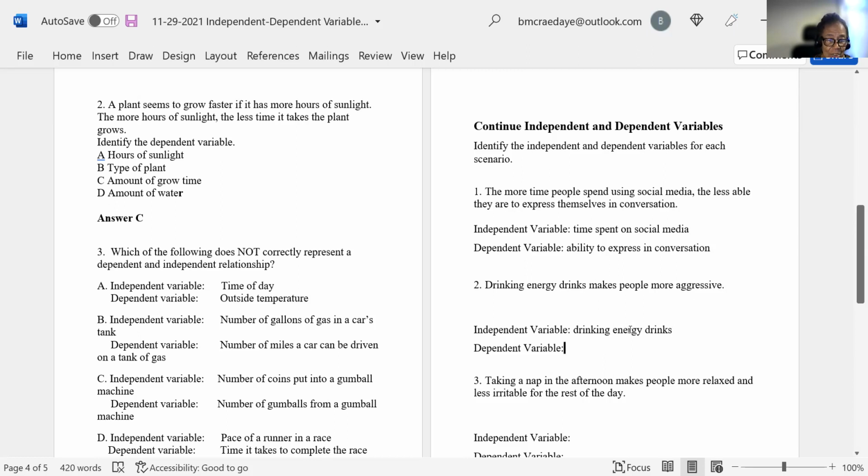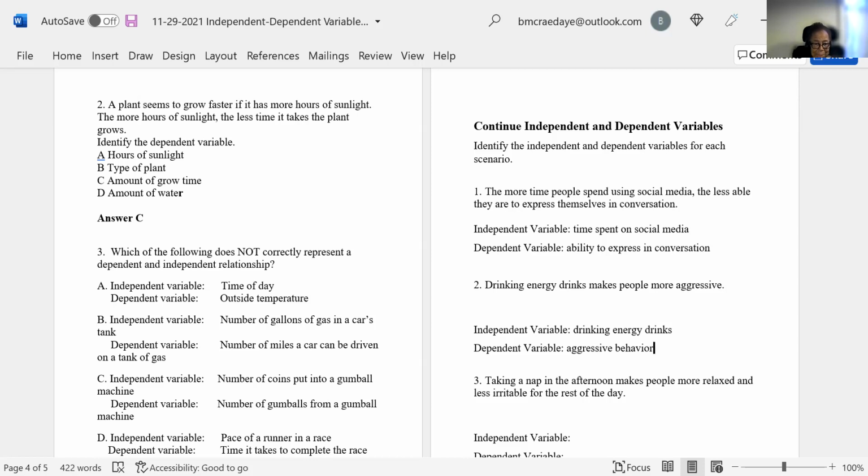So the aggressive behavior is dependent upon drinking energy drinks. So the dependent variable is aggressive behavior, and it's dependent upon drinking energy drinks.